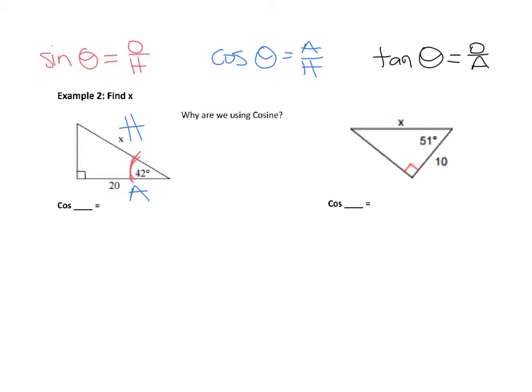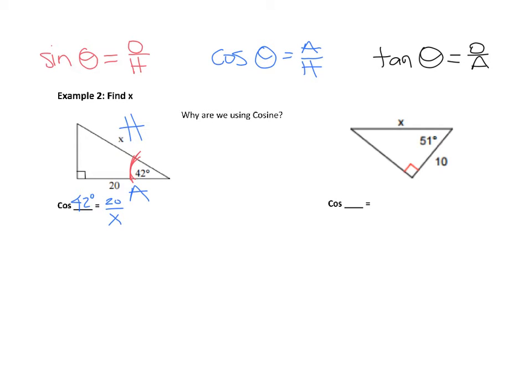So why are we using cosine? We're using cosine because we have the adjacent side and the hypotenuse, and that's cosine. To work this out, we have cosine of 42 degrees equal to adjacent, which is 20, over the hypotenuse, which is x.